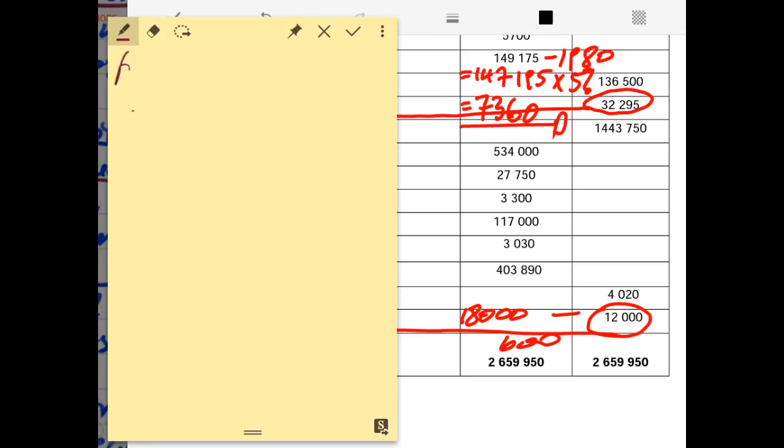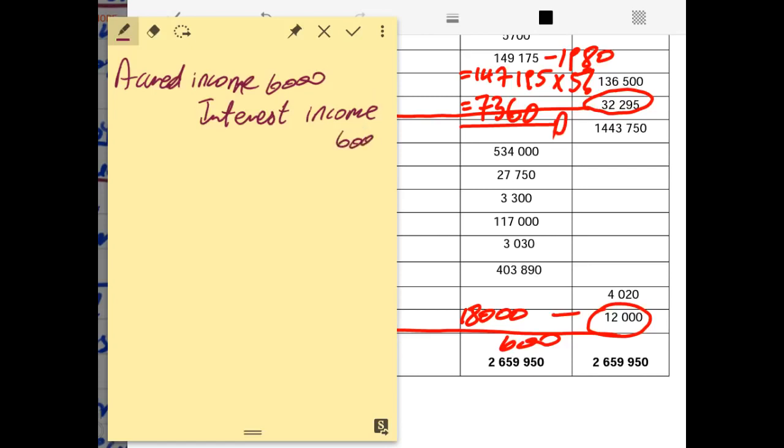So we debit accrued interest, which is an asset, accrued income by 6,000, and we credit interest income by an amount of 6,000 rands.